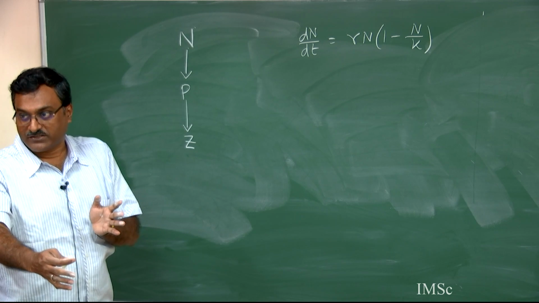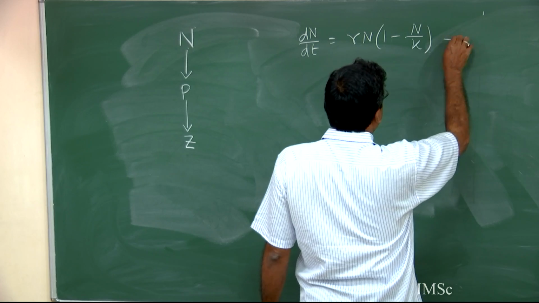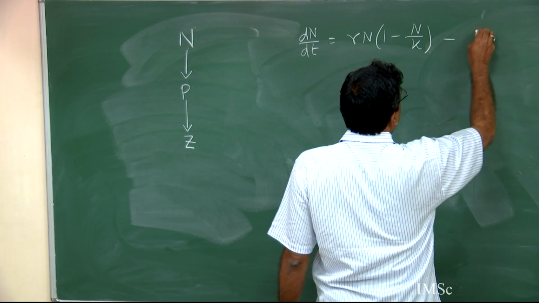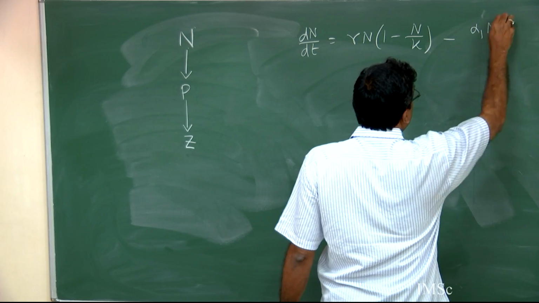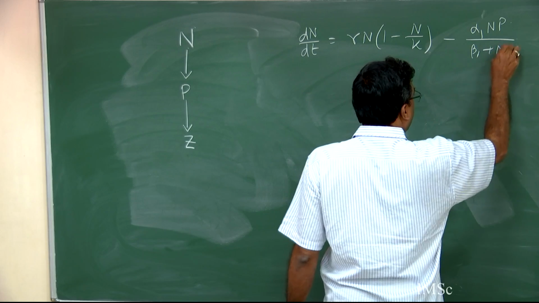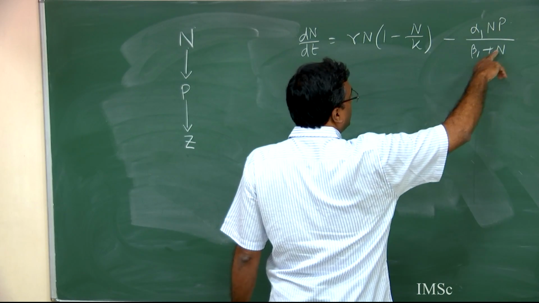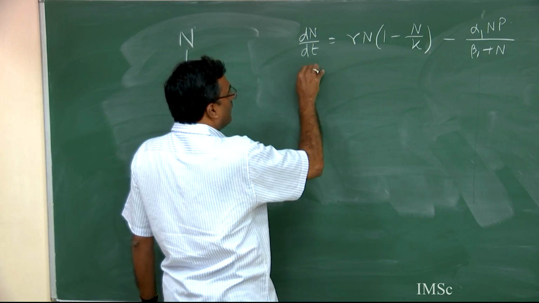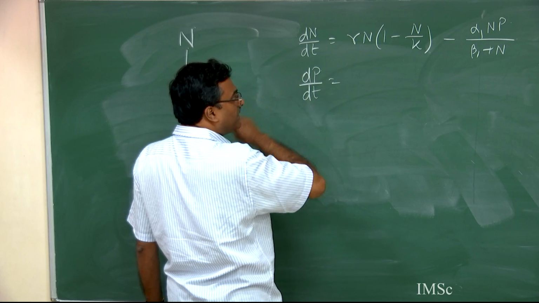they follow the same functional response, but with different parameterization. So, therefore, we can assume that grazing of n by p is described by say alpha 1 np divided by beta 1 plus n, then this particular consumption of prey by the predator will contribute to the growth of the first predator.